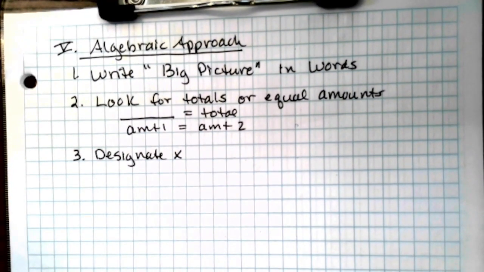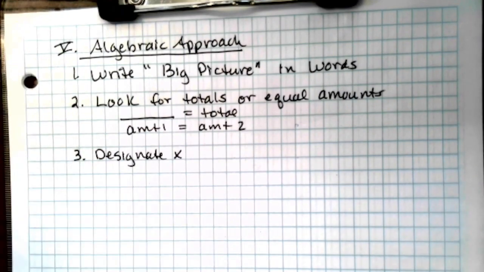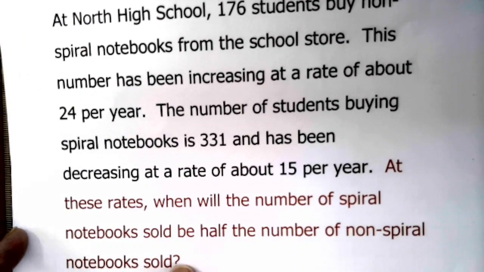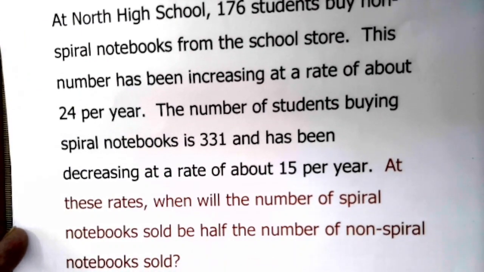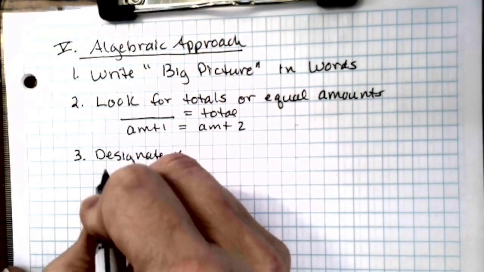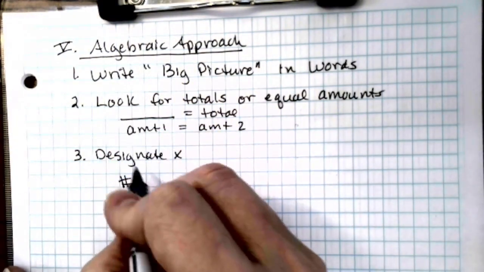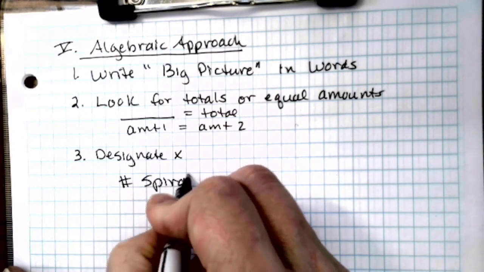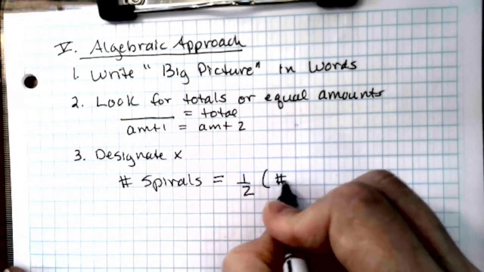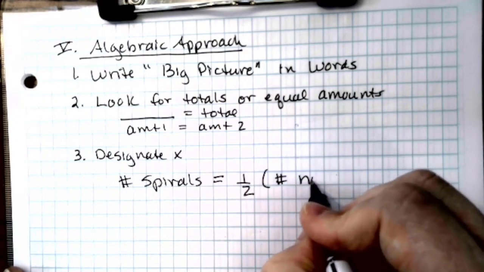Okay, so let's look at this question again using this approach. We're looking for when the number of spiral notebooks sold will be half the number of non-spiral books sold. So that's your big picture, is when the number of spirals, I'll just call them spirals, is equal to 1/2 of the number of non-spirals.